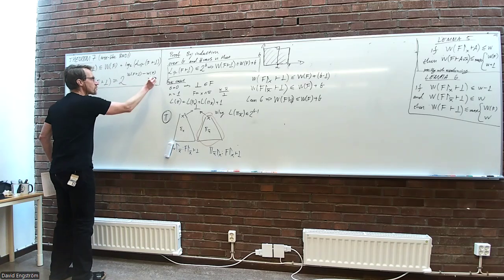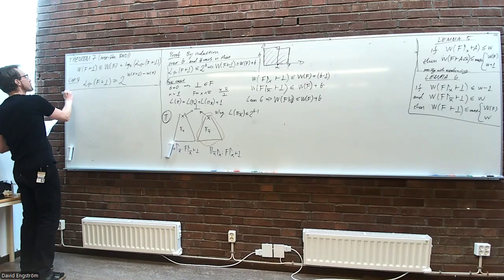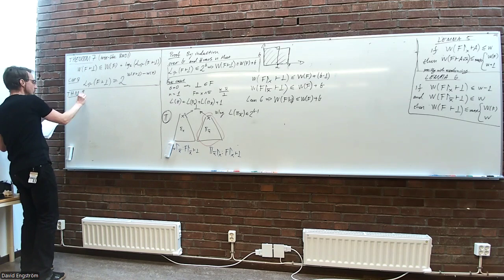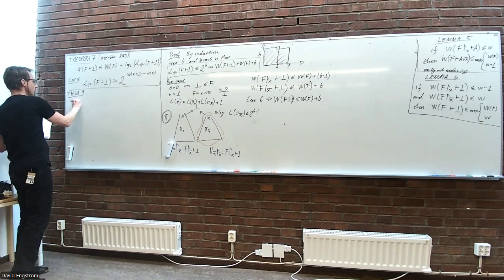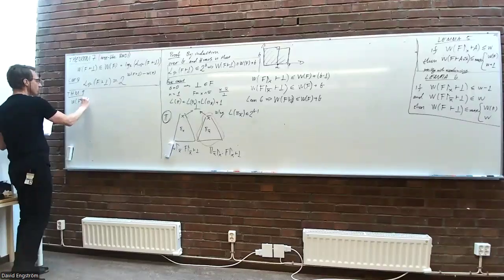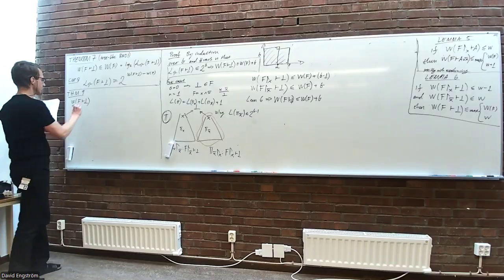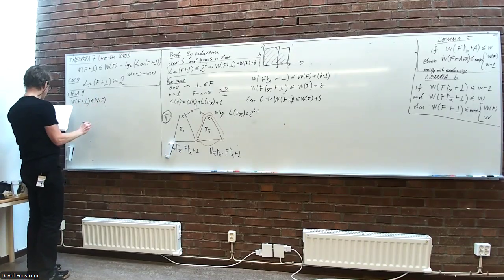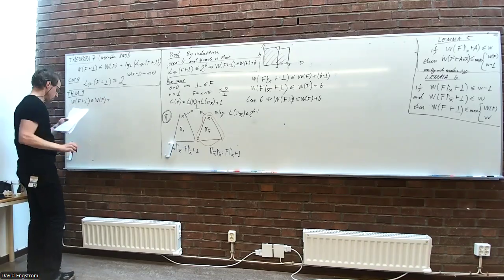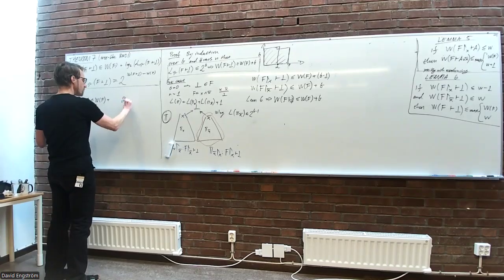So let me now state what we know for general resolution. For general resolution, we get something like the following, that the width of refuting f, which is again a k-CNF formula over n variables, is less than the initial width of f plus, here goes, 8 times n.